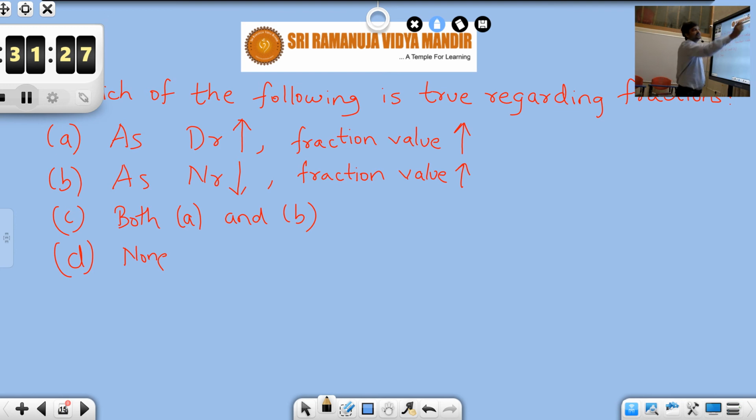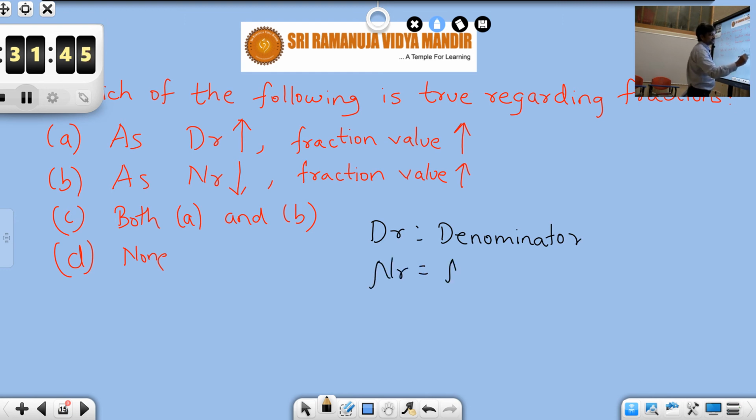They are asking which of the following is true regarding fractions. Here I am using Dr as short notation for denominator and Nr for numerator. The first option: as denominator increases, fraction value increases.